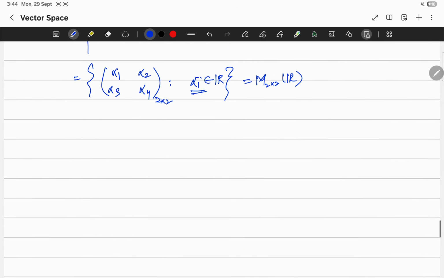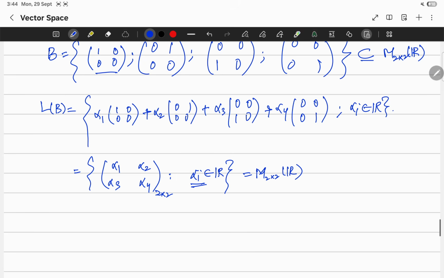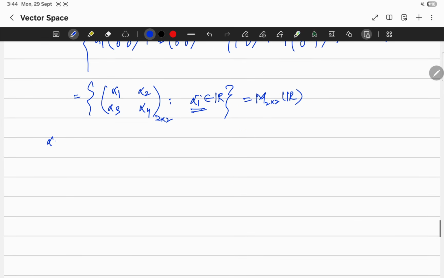But are these linearly independent? How will you check whether it is linearly independent or not? Take the linear combination of these to be 0. That is alpha 1 v1 plus alpha 2 v2 plus alpha 3 v3 plus alpha 4 v4 is equal to 0. You will get [alpha 1 alpha 2; alpha 3 alpha 4] equal to [0 0; 0 0].